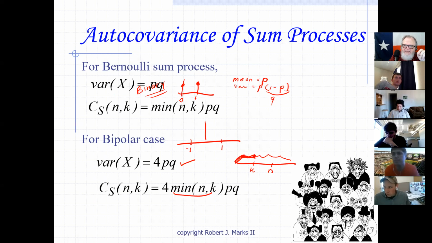And then after k, that stochastic process is totally on its own. So there's no interrelationship happening there. So we should expect that only for the minimum value, in this case k, only the value of their shared space is going to give us a contribution to the overall autocovariance.